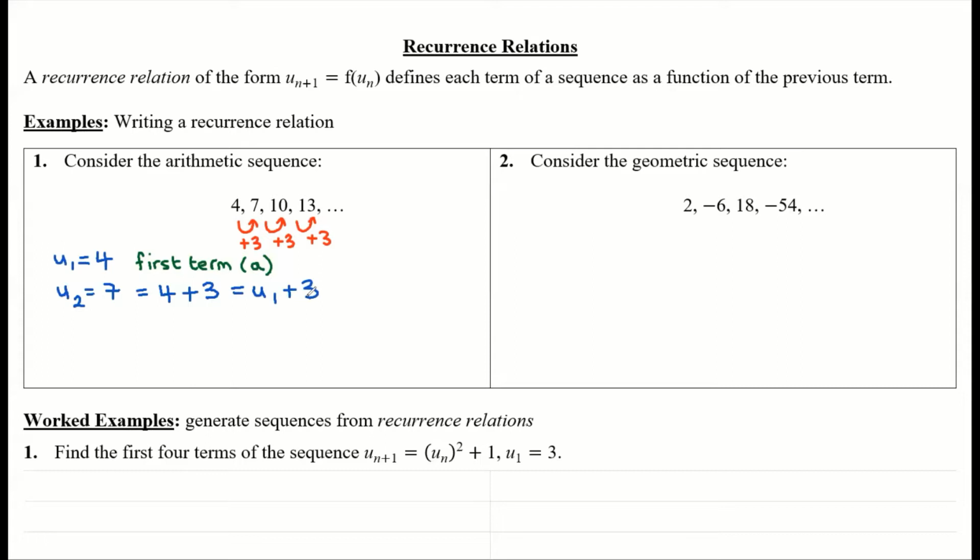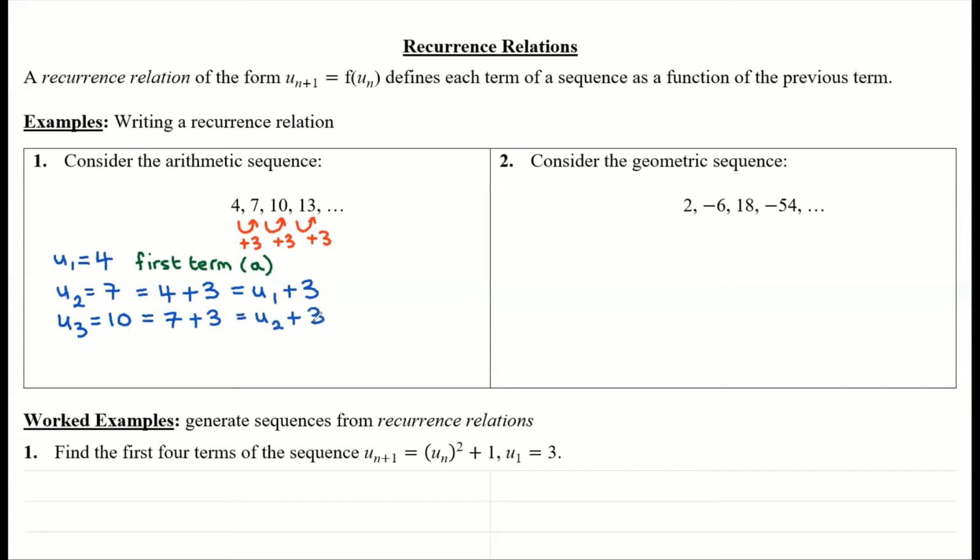And let's see if we can continue this pattern. If I look at the third term, which we know is 10, well, 10 is the same as the 7, which we had for U2, and we added 3 to that, didn't we? That's how arithmetic sequences work. So we could write this as the previous term U2 with 3 added.